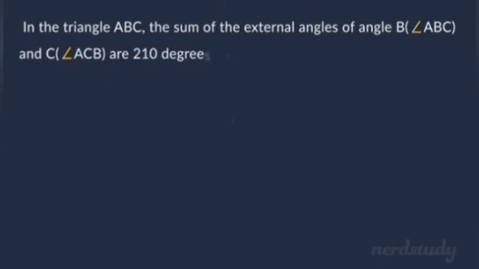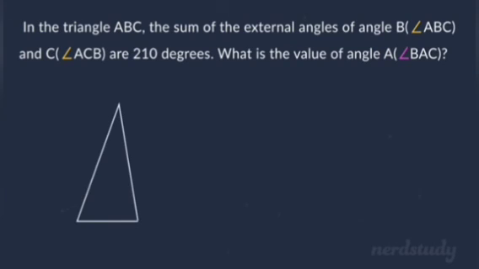In the triangle ABC, the sum of the exterior angles of angle B, which is angle ABC, and angle C is 210 degrees. What is the value of angle A? Here is how you can solve the question. First, draw a sketch of the diagram of this question to help you a little bit.